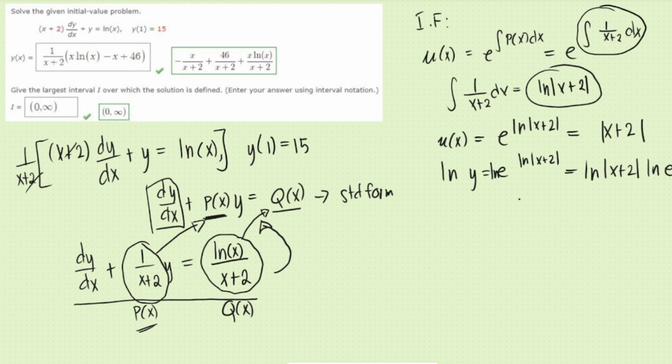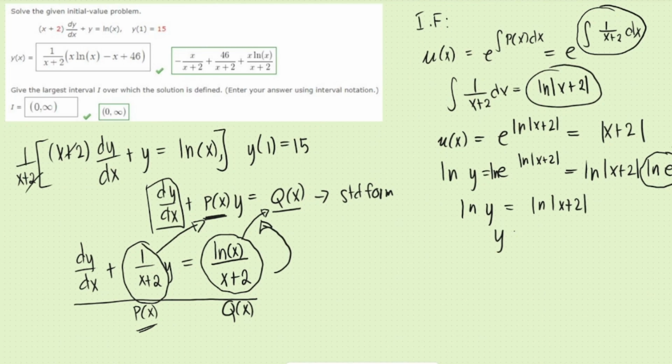And as you see, ln of y is just equal to ln of x plus 2, since ln of e is just equal to 1.